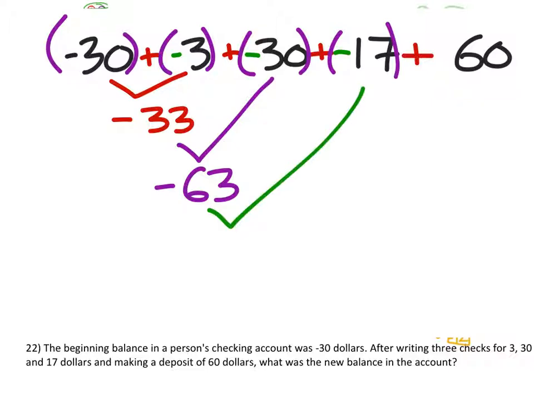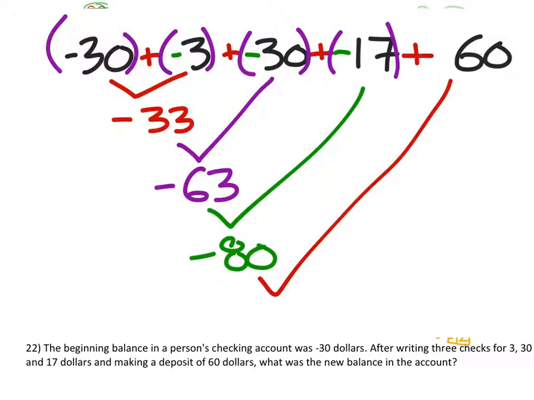Well, then I wrote that other check for $17. So now combining those, I owe the bank $80. But then I deposited this $60, which would mean that I now owe the bank $20, which is less than I started with. Less owing than I started with.